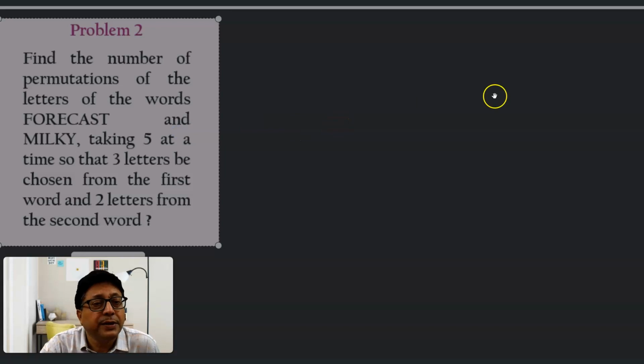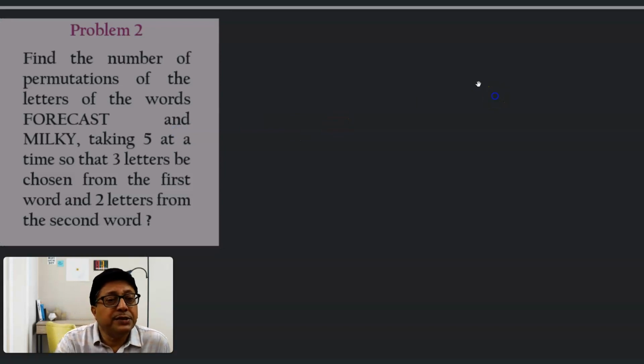You have to select 3 letters from forecast. How many letters are there? You can count 3, 3, 6, 8. So out of these 8 letters, you will be selecting 3. How many ways can it be done? It can be done in 8C3 ways.